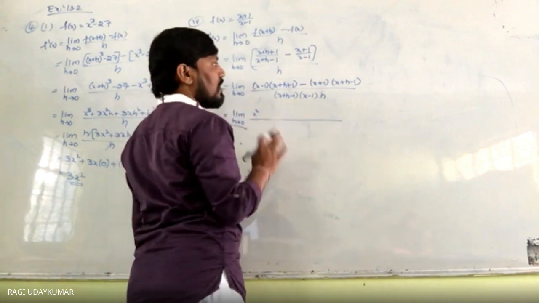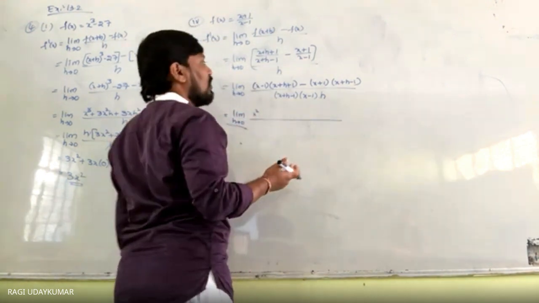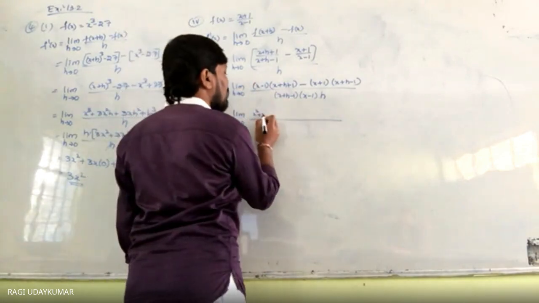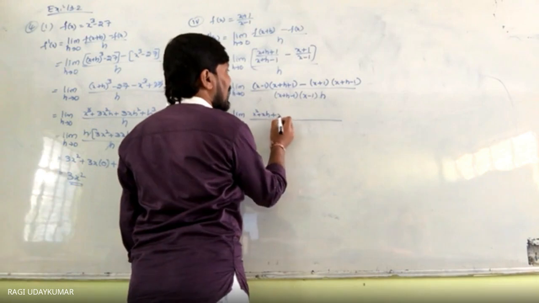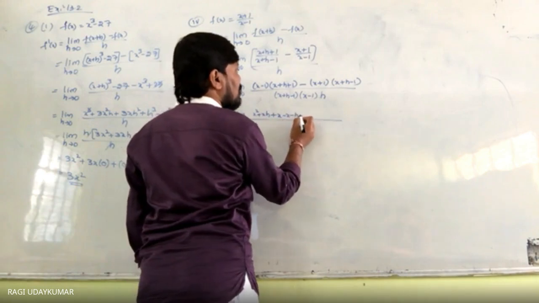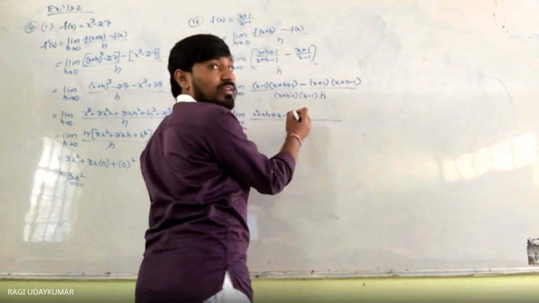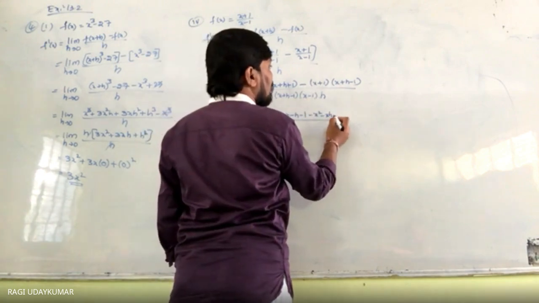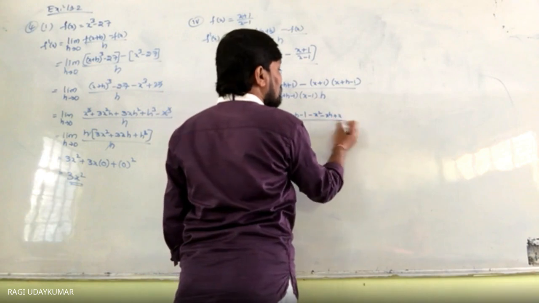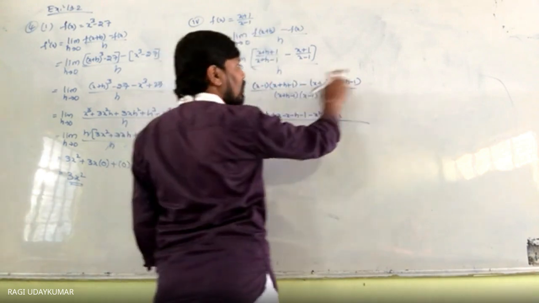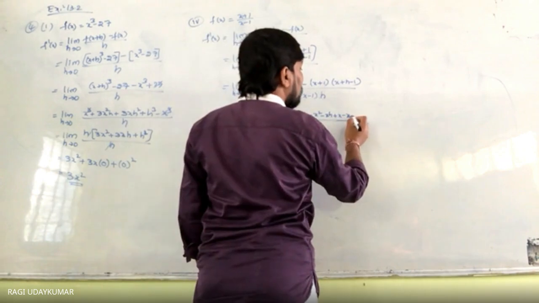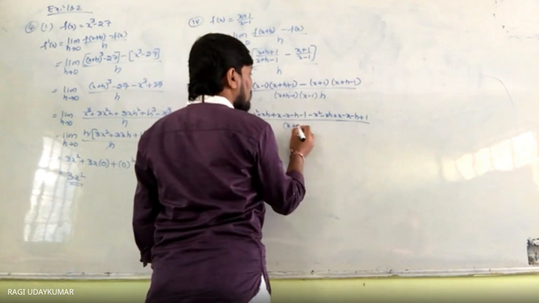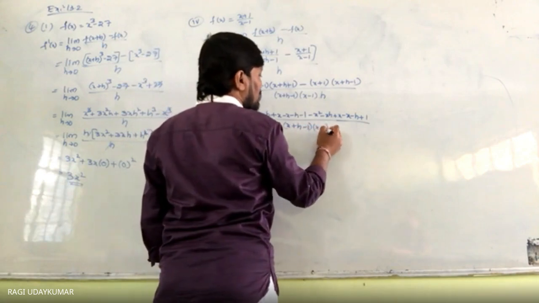The length will be more, there is no other alternative way to do that. x into this one is x square, plus xh plus x minus x minus h minus 1, minus x square minus xh plus x, minus x minus h plus 1. Now what we have is all by x plus h minus 1 into x minus 1 into h.